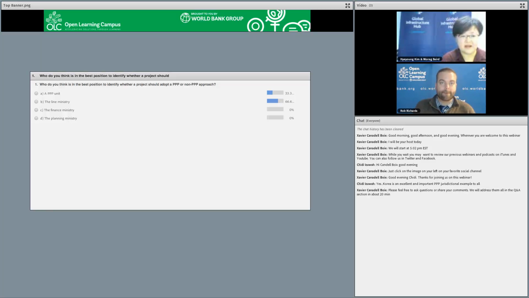And I think the line ministries also have their own view about a PPP or non-PPP approach. The line ministries' advantage is that they are building the project pipelines and establishing their infrastructure plan.